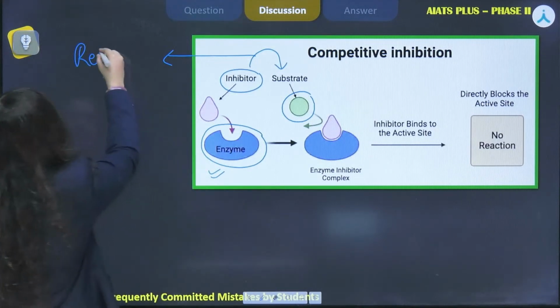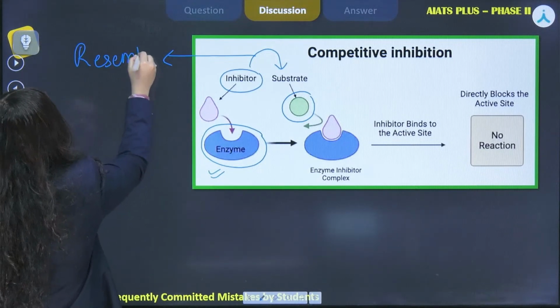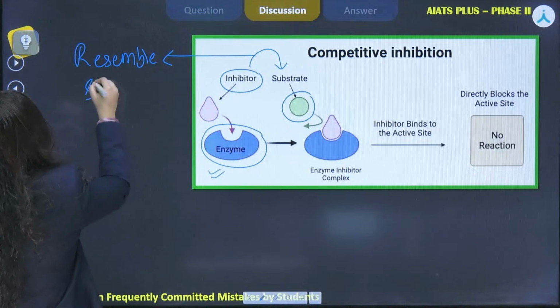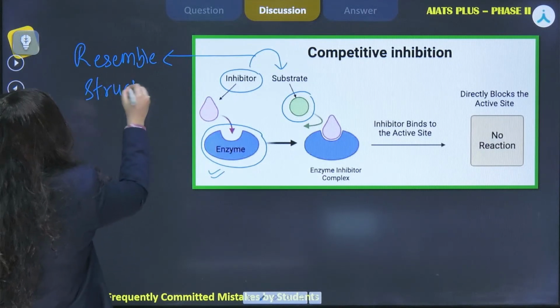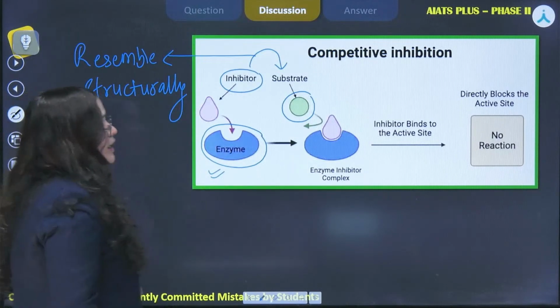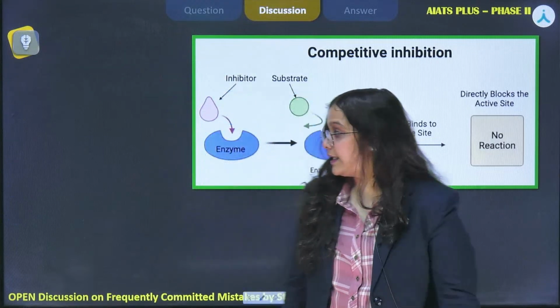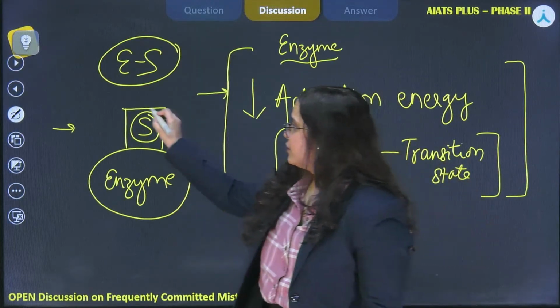As we already discussed, the substrate binds to the enzyme.